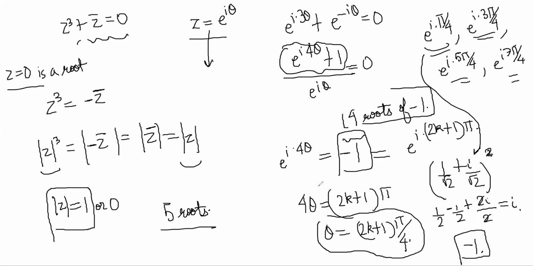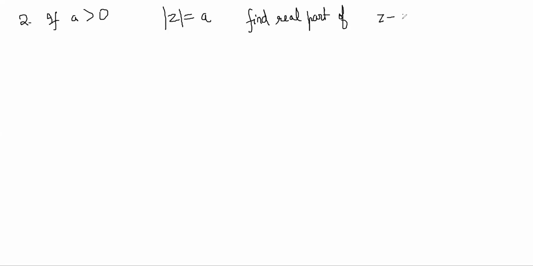Then the next one is the second one. If a is greater than 0 and |z| = a, find the real part of (z − a)/(z + a).